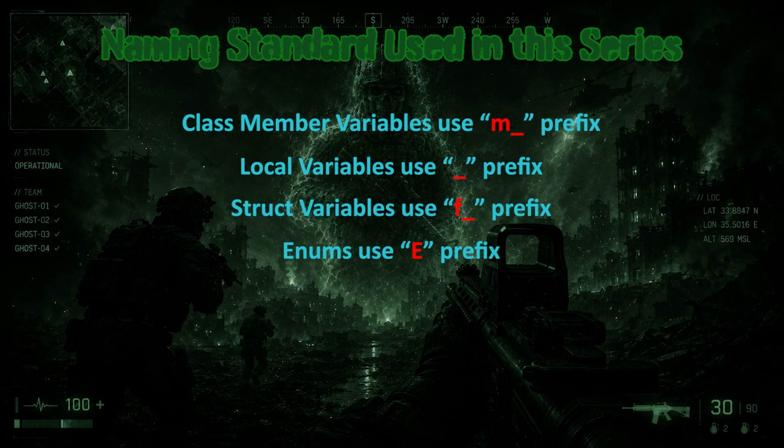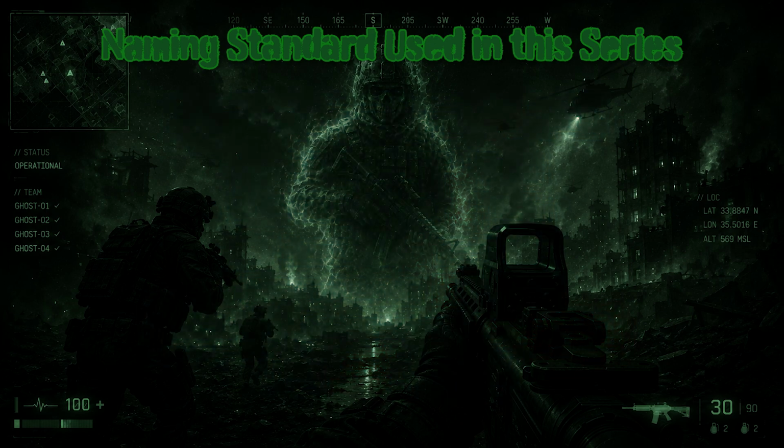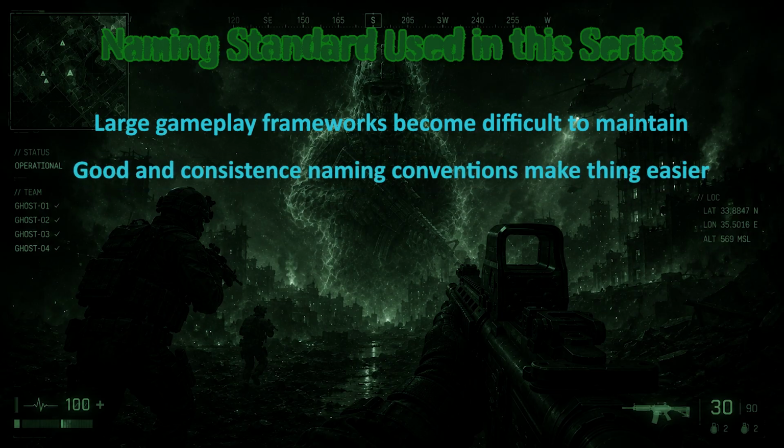Enums use the E prefix. Enum values use the VE prefix. Blueprint facing variables and functions should always use display names and tooltip meta tags. Large gameplay frameworks become difficult to maintain very quickly without consistent standards. Good naming conventions reduce mistakes and make large projects easier to scale long term.